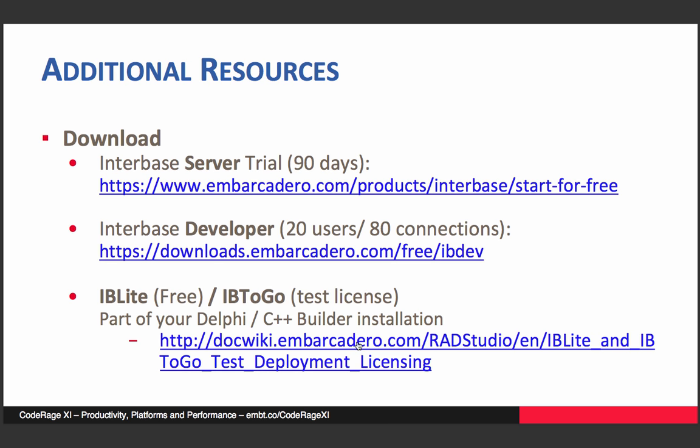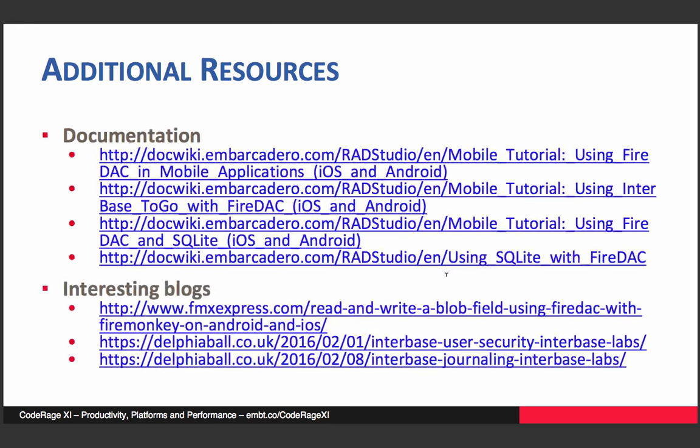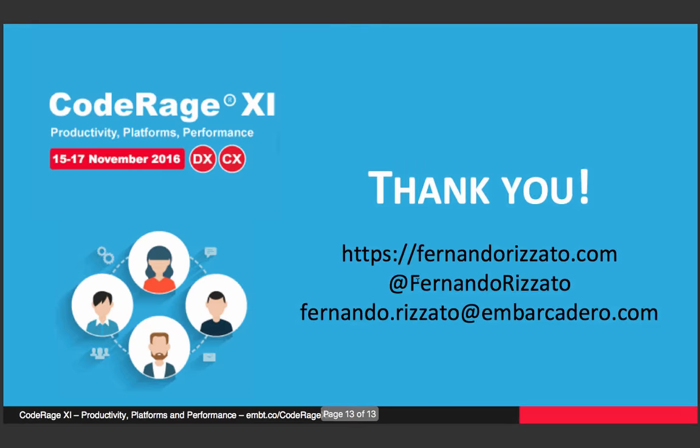On this address, you have all the instructions to generate your IBLite and IB2Go registration files based on the serial number you receive with your Delphi and C++ license. Okay, and here you have all the documentation regarding the features you saw today. Also some blogs where you can explore more about InterBase, IBLite, and IB2Go.